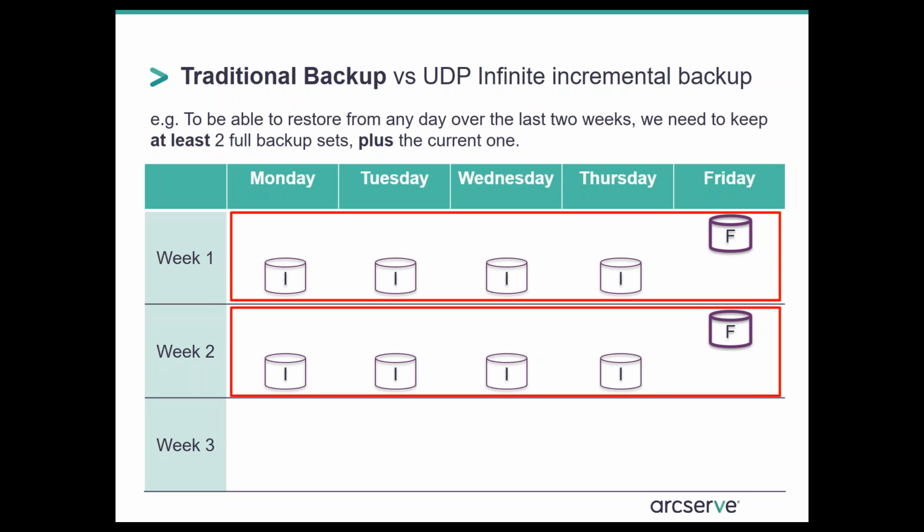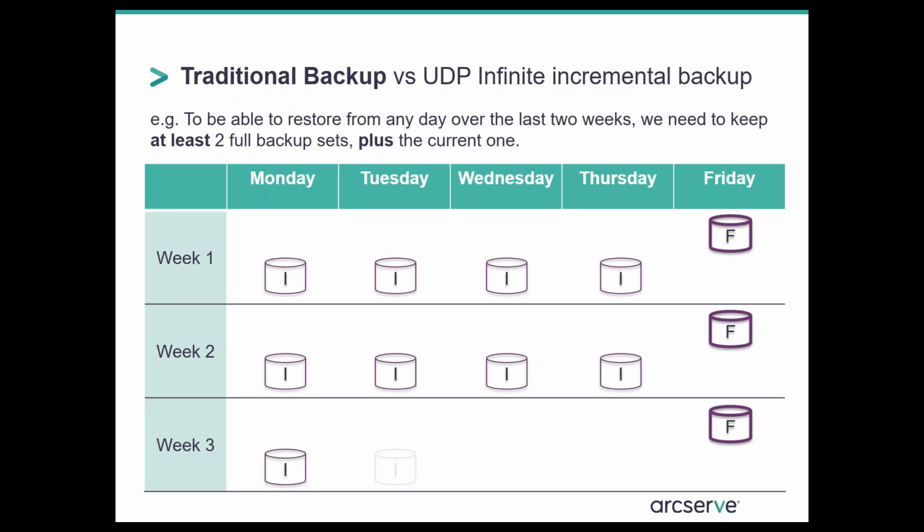Now at this point, we have 2 backup sets, and with this data available, we can restore data from any of the last 2 weeks. Now let's enter the third week. Again, we need to take a full on the Friday, and we take incrementals moving forward.